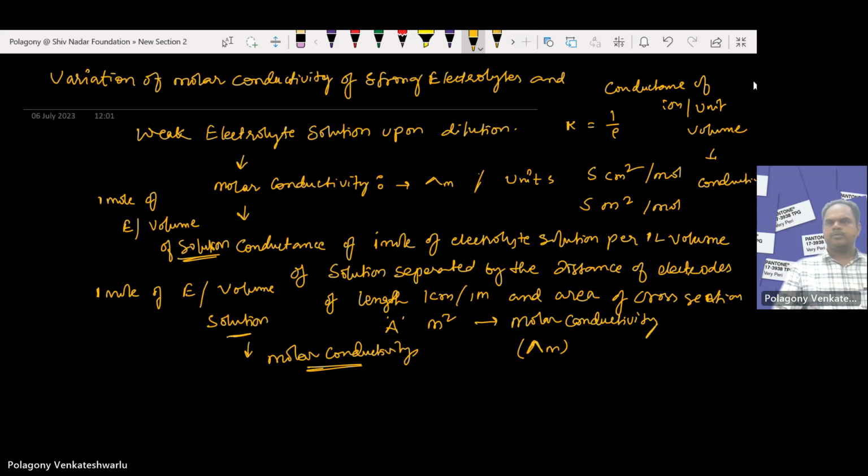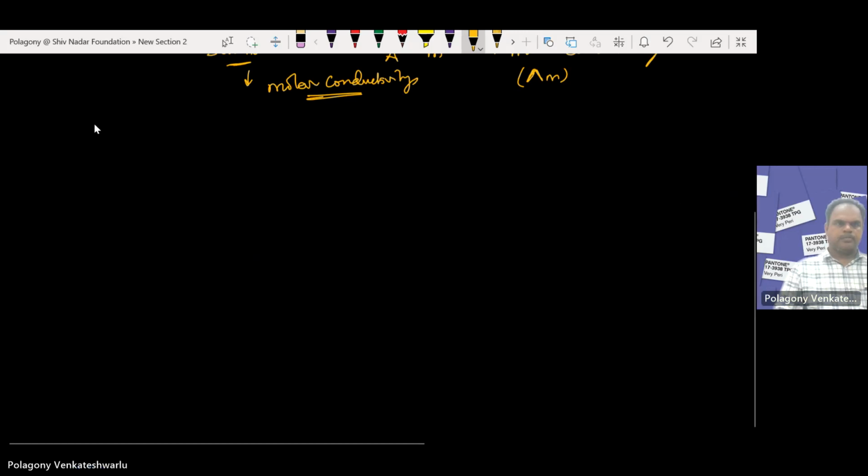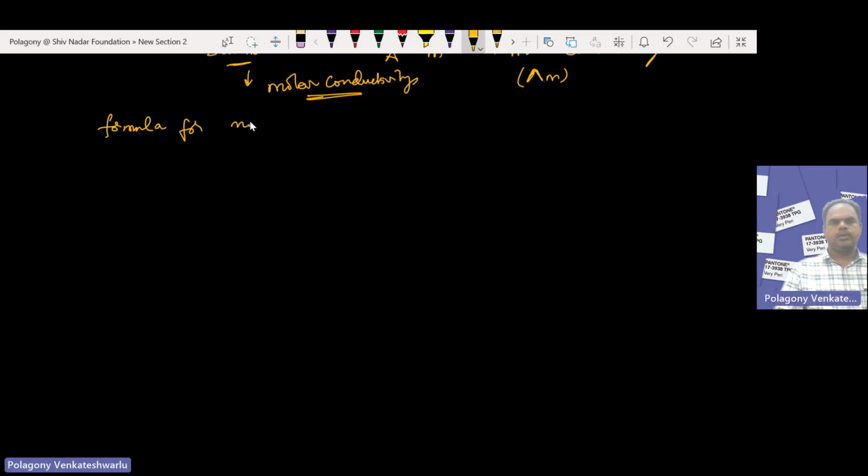Okay. So now, what is the formula we can write for the molar conductivity? The molar conductivity symbol, as I already mentioned, lambda m is equal to conductivity upon the concentration of solution.